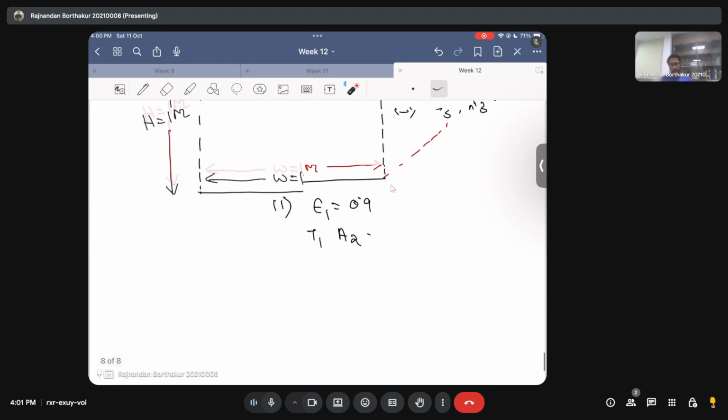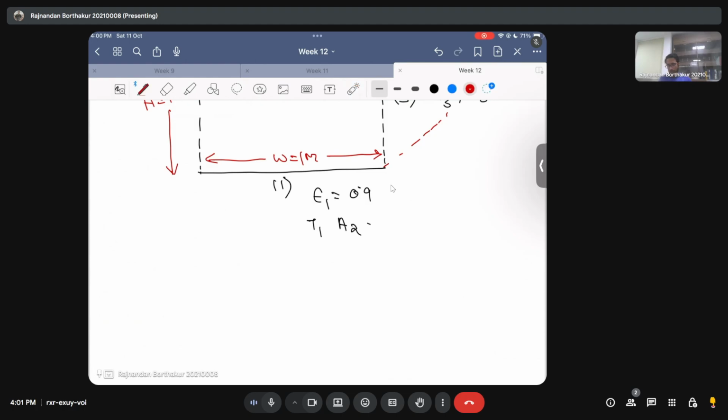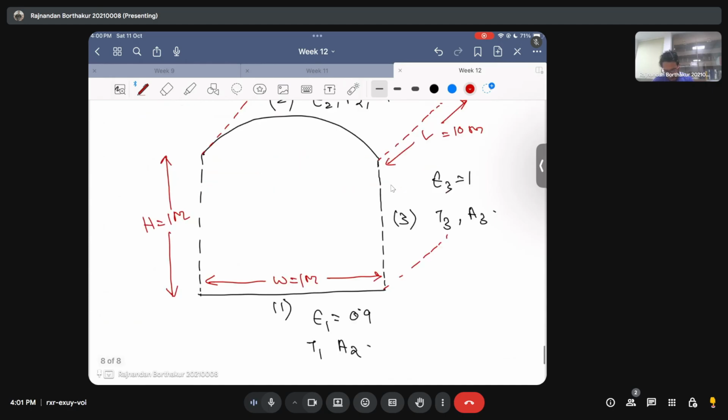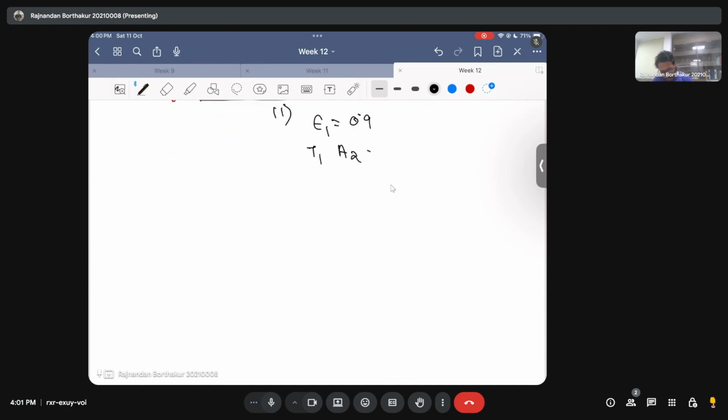Now let's draw the radiation network for a three body enclosure. So we'll now draw the radiation network. The radiation network will look something like this.